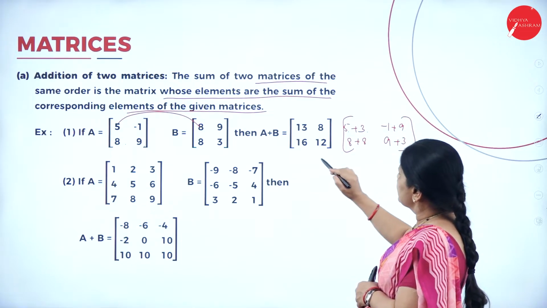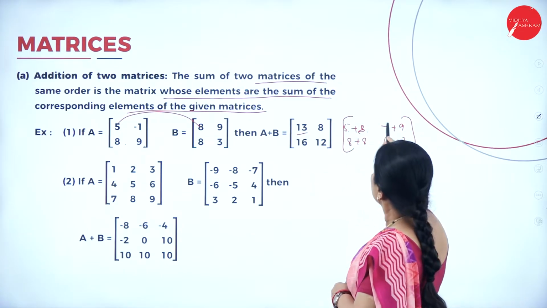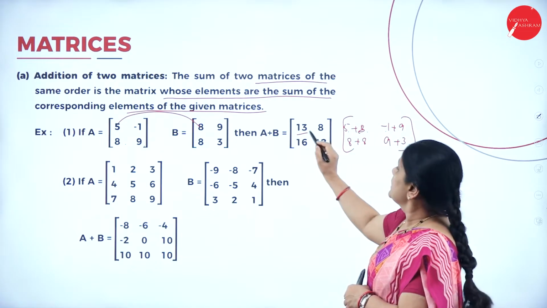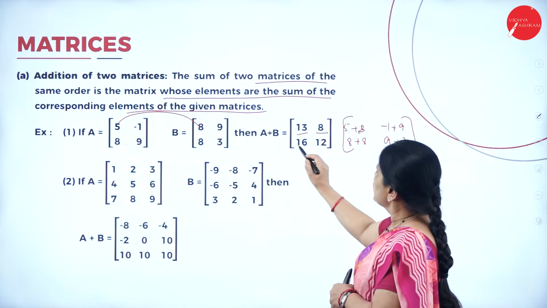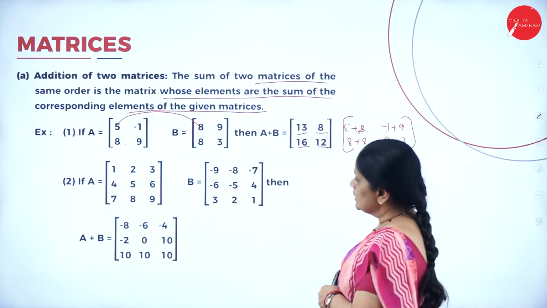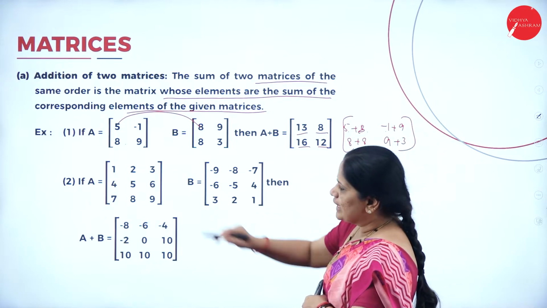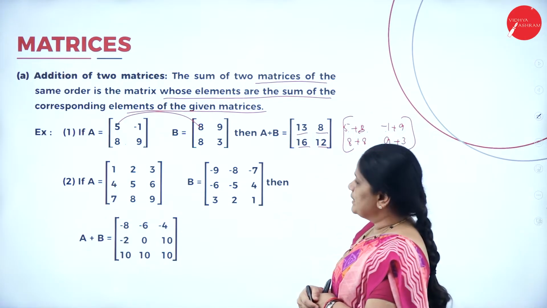So 5 plus 8 is 13, minus 1 plus 9 is 8, 8 plus 8 is 16, and 9 plus 3 is 12. In this way, we can add matrices. Now, you can go to the next example here.